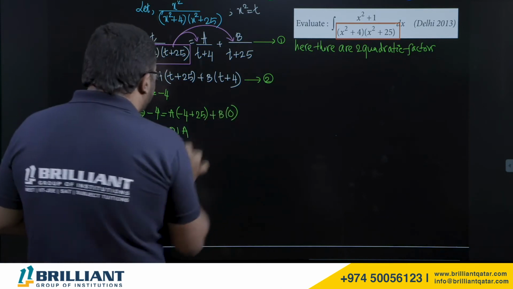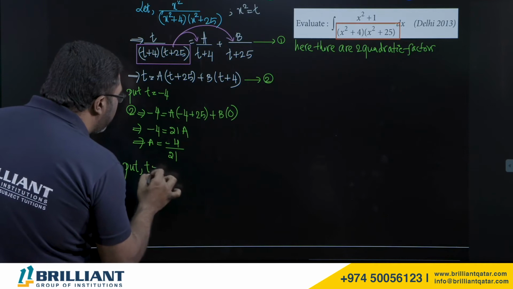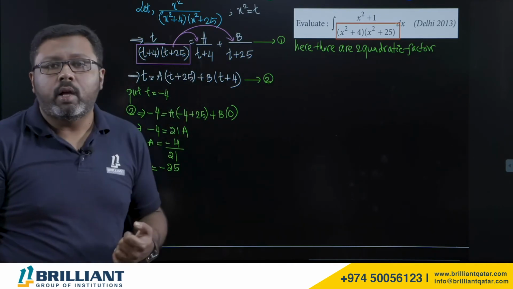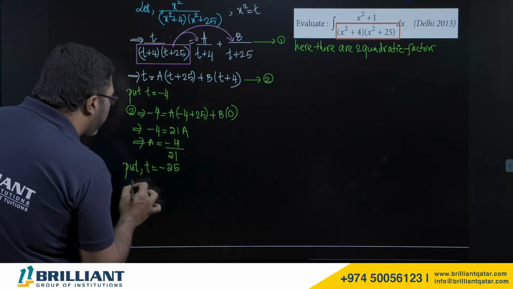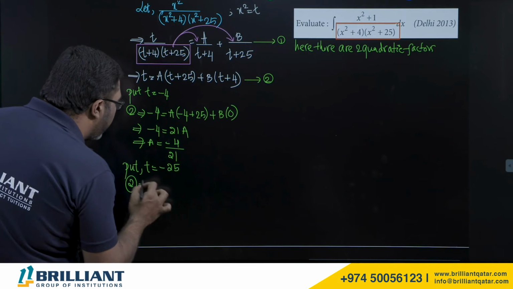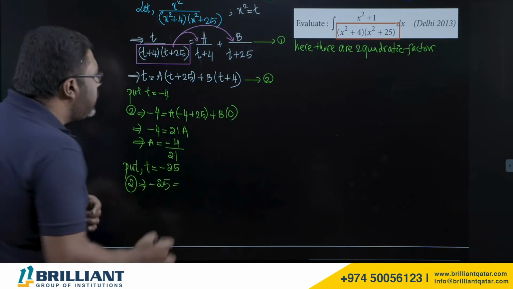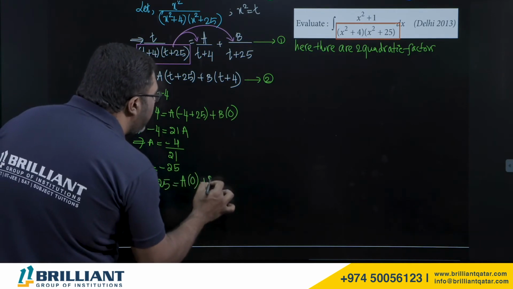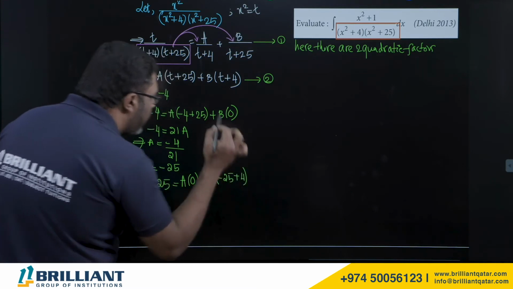Okay, then next, put t is equal to negative 25. Yes, because the next factor is t plus 25. So if I put t is equal to negative 25, equation number 2 implies negative 25 is equal to a into 0 plus b into (negative 25 plus 4).